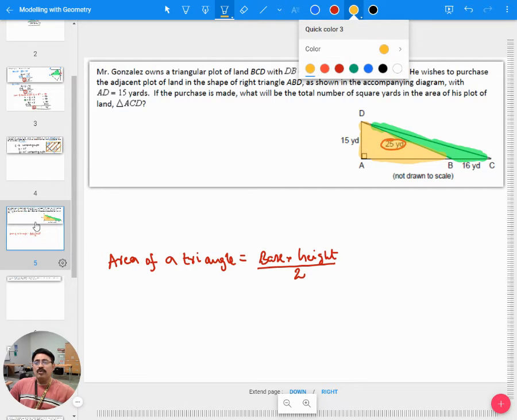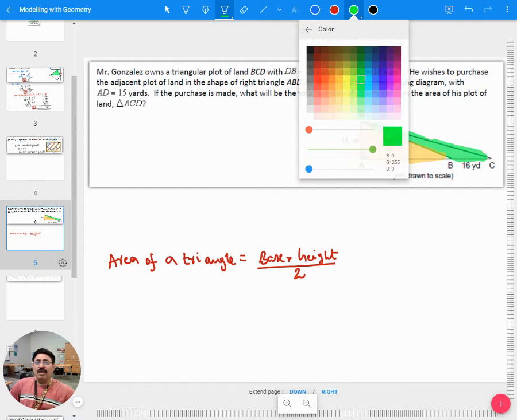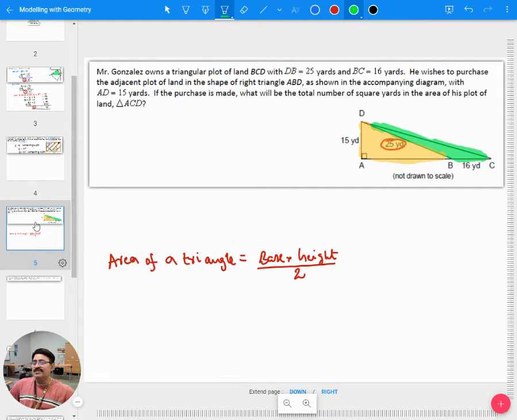Now, we have to think how to find the missing side. So one side is given as 15, right? And here, let me assume the value of AB as x, and the hypotenuse is given as 25.